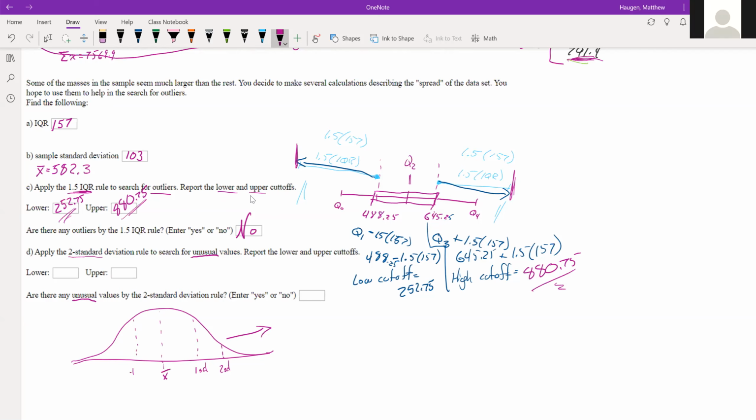So our means and our standard deviation, those tools go together. Anytime we're using standard deviation, it's going to be connected to our means. So we're never going to measure standard deviation off of Q1, Q2, Q3, our quartiles. Our quartile arguments live in a separate world than our standard deviation arguments.